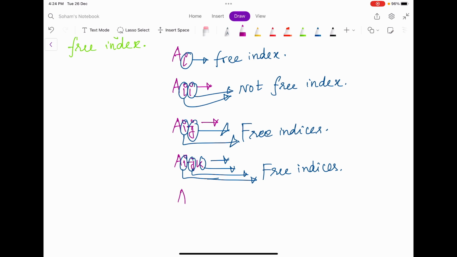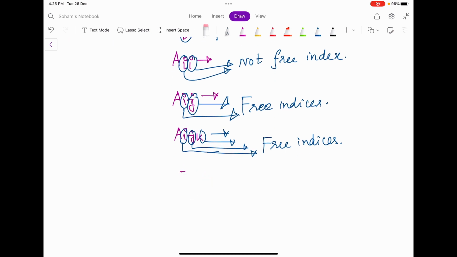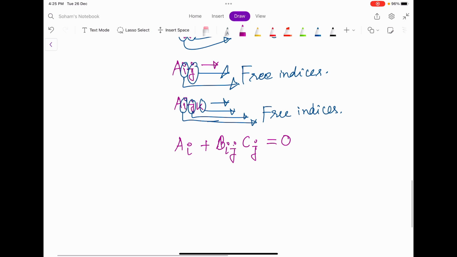Now if I write an equation, maybe ai plus bij cj equal to 0, then this has one free index, and this is a whole term.